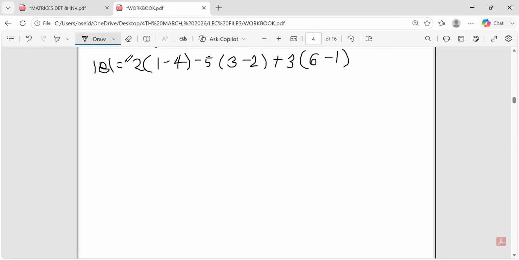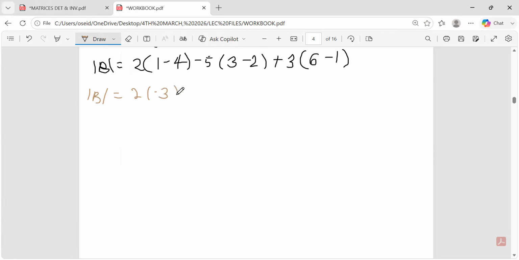Okay. So we see that B equals 2 bracket negative 3, minus 5 bracket 1, because 3 minus 2 is 1, plus 3 bracket 6 minus 1 is 5, 5 bracket close.